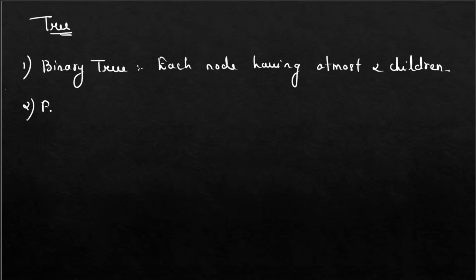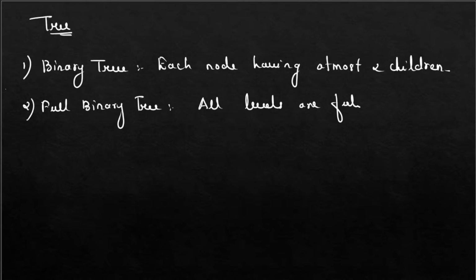Second is the full binary tree, which is where all levels are full. Third is the complete binary tree.